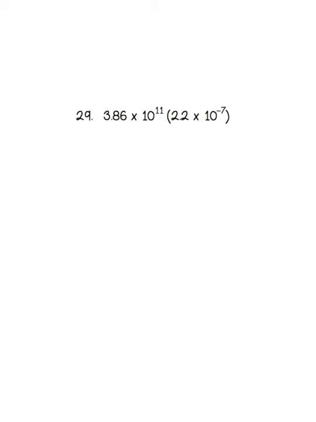For problem 29, we have two numbers written in scientific notation. Since we're multiplying them, we'll multiply 3.86 times 2.2, and then our numbers are 10 to their powers. We will just end up adding their exponents.